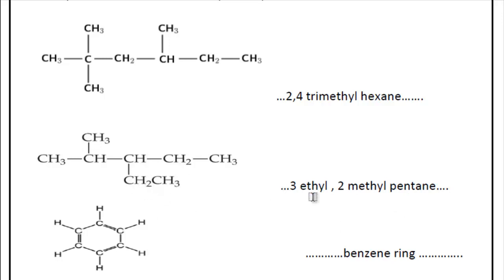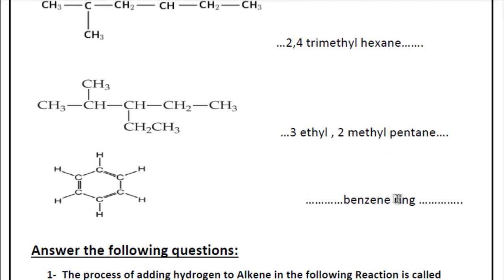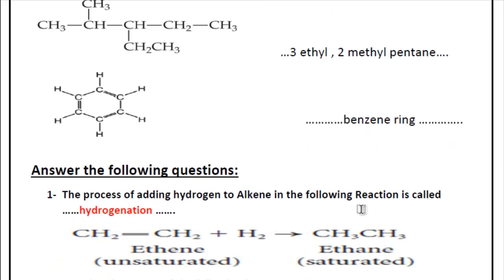We put the ethyl first because alphabetically E comes before M, so we write 3-ethyl-2-methyl pentane. The last one is a ring consisting of 6 carbons with 3 double bonds, so this will be a benzene ring.